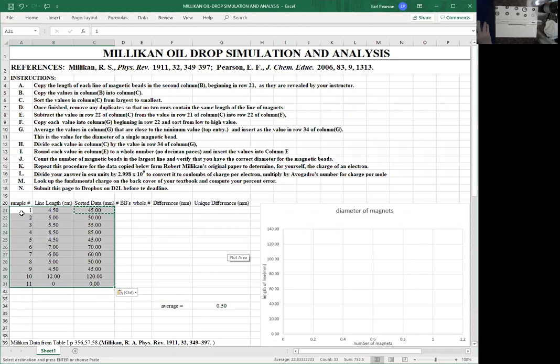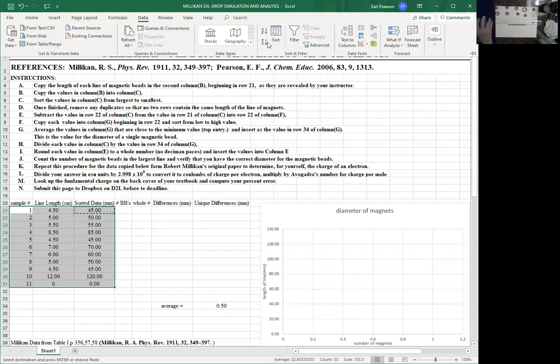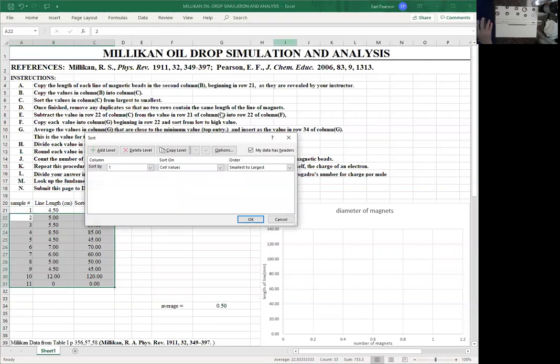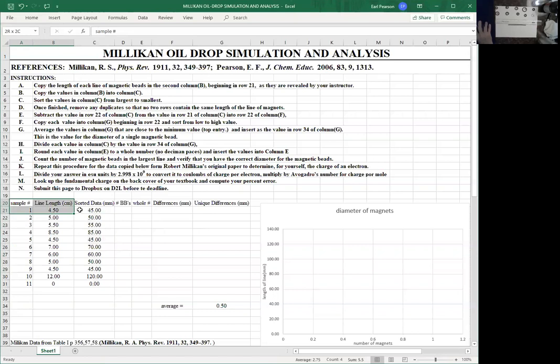And the way we sort data is we highlight it like I've done here. And then we go up to the data column up at the top, and we sort it. I didn't highlight the headers. I want to do that.